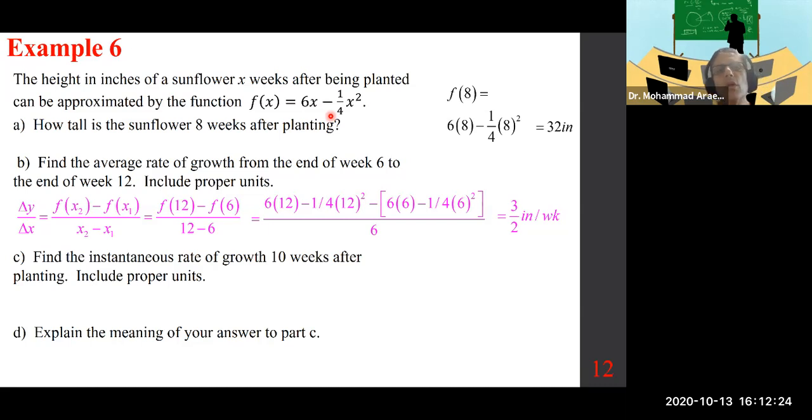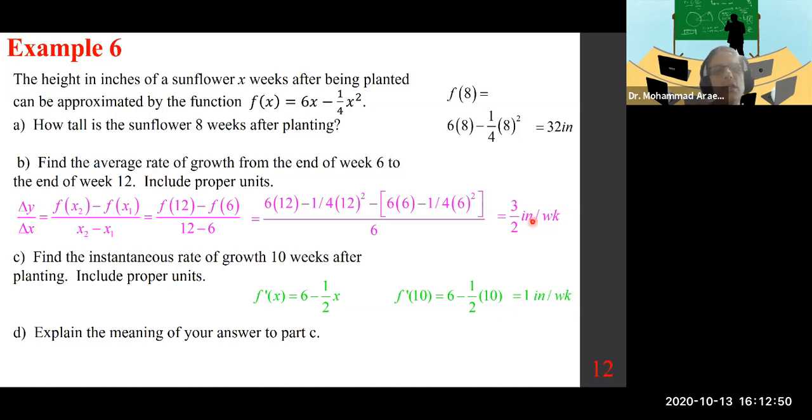The next part does the differentiation because it says instantaneous, meaning one point in time. So 6 minus 1/4 times 2, which is minus 1/2 x. Now plug in 10 and evaluate it, and you get 6 minus 1/2 times 10, which is 5, 6 minus 5, which is 1, and the same units, class.